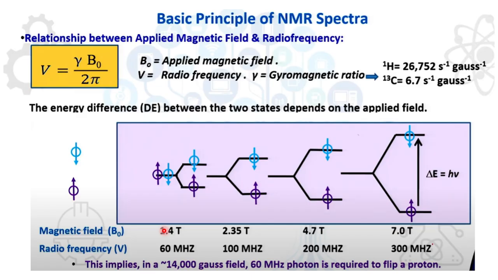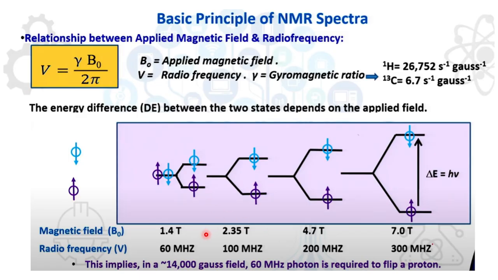Now based on its spinning direction, the assumption is if it is aligned with the direction of the external magnetic field, because we know magnetic field is a vector quantity, that will be the lowest energy, because now it is stable. But those protons spinning in the opposite direction, with their magnetic moment directed against the magnetic field, will be the higher energy.